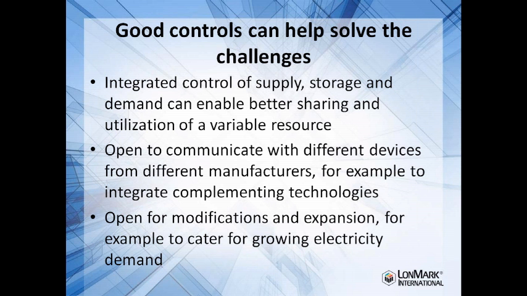For example, if you at some times have an abundance of, say, wind, with an automatic control system, you could, at those times, turn on loads which you would otherwise not use, and in that way utilize the wind when it's there.